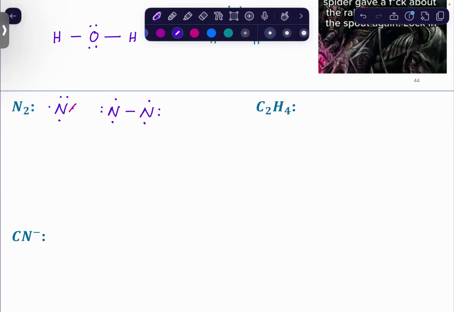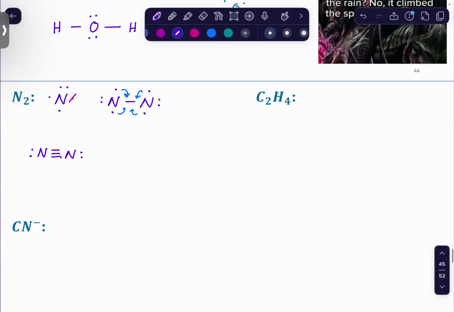So we want to get this to the point where nitrogens have an octet. So what can I do? I can say, well, these 2 here can come in, form a bond. These 2 here can come in and form a bond. And so then I'm going to get nitrogen, triple bond, with the lone pairs on the outside, and each nitrogen now has an octet.